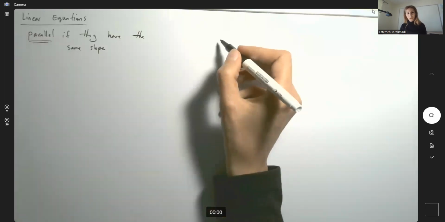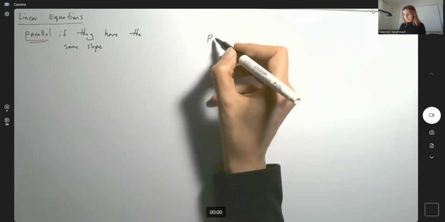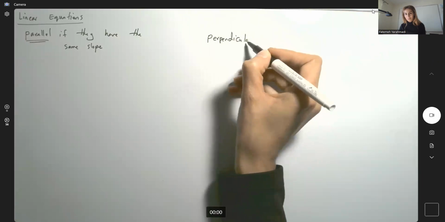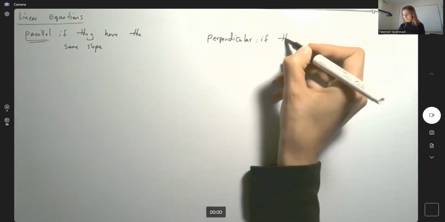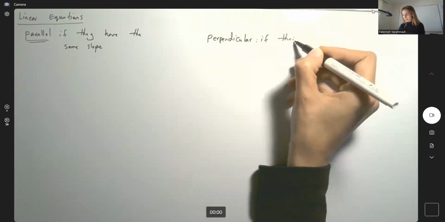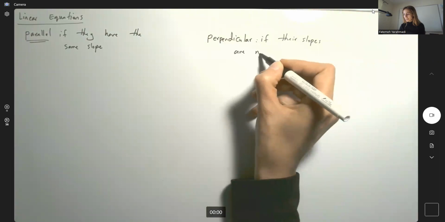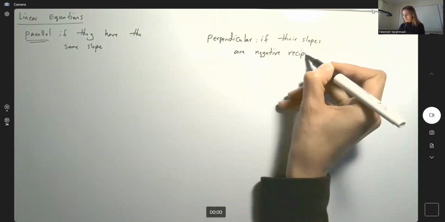We say that two lines are perpendicular to each other, like this, if their slopes are negative reciprocal.